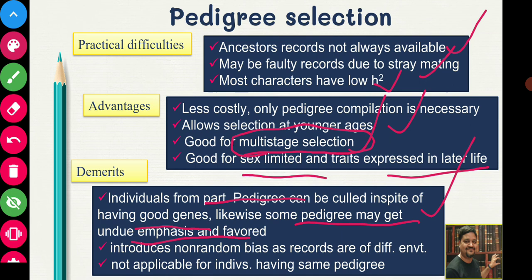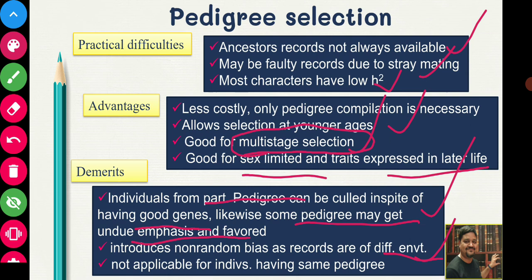Then it introduces non-random bias, as records are from different environmental conditions. So this is also very important. Generation interval in case of large animals, particularly cattle, may be 7, 8, 10 years. And if you have to see the performance of the pedigree, you have to go back to grandparents, great grandparents, great great great grandparents.